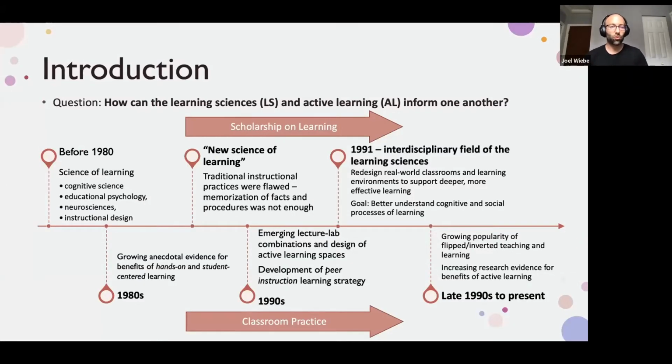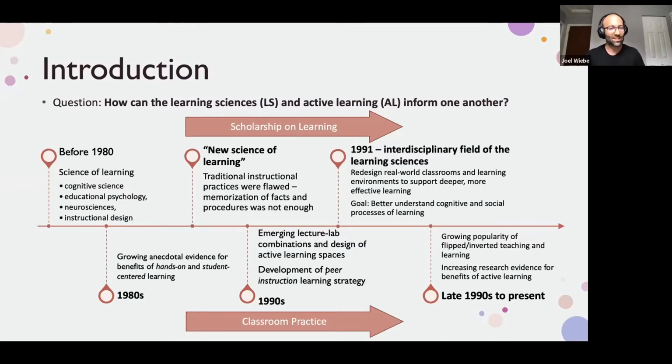So the big question that drove this study was essentially how does the field of the learning sciences and active learning inform one another? In this timeline, I've split it essentially. The top shows a progression of some of the scholarship of learning.